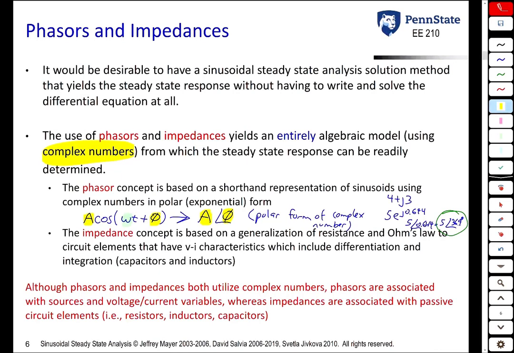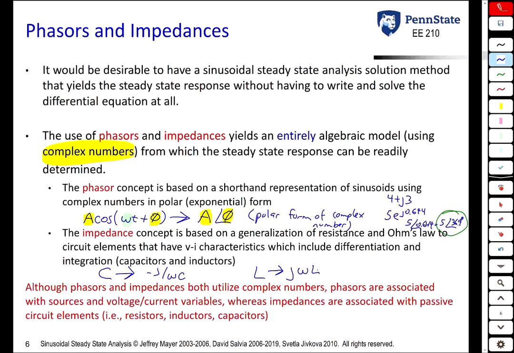But the wrinkle here is that the resistance is going to be a complex resistance. Wherever we see a capacitor, we're going to replace it with a resistance of minus j over omega C. Wherever we see an inductor, we're going to replace it by a resistance of j times omega L.